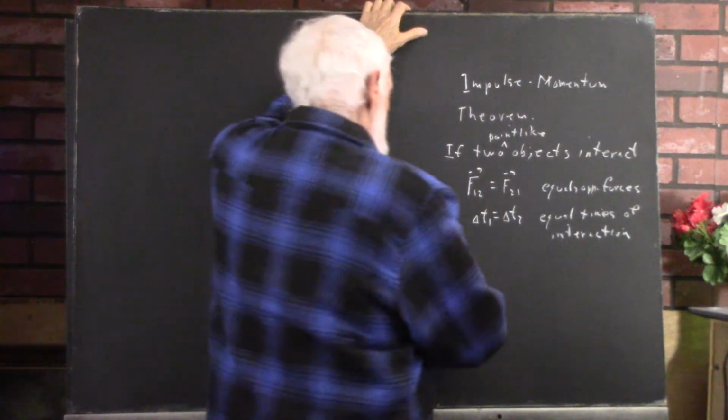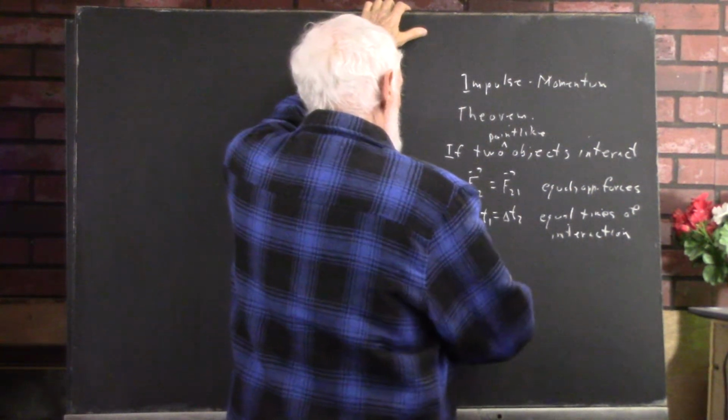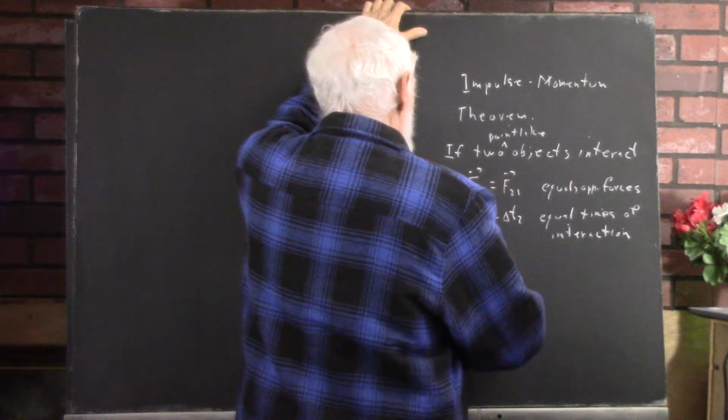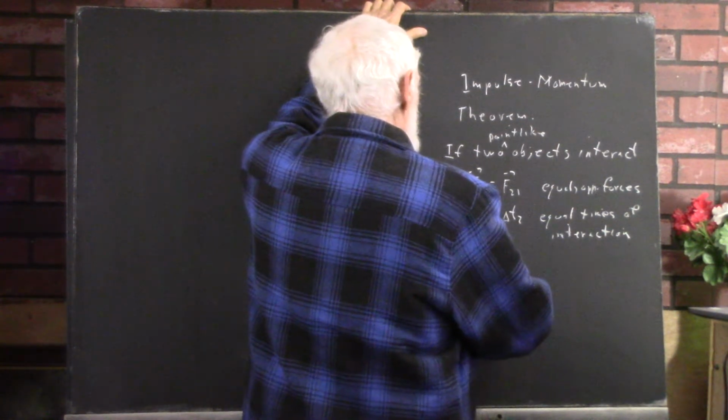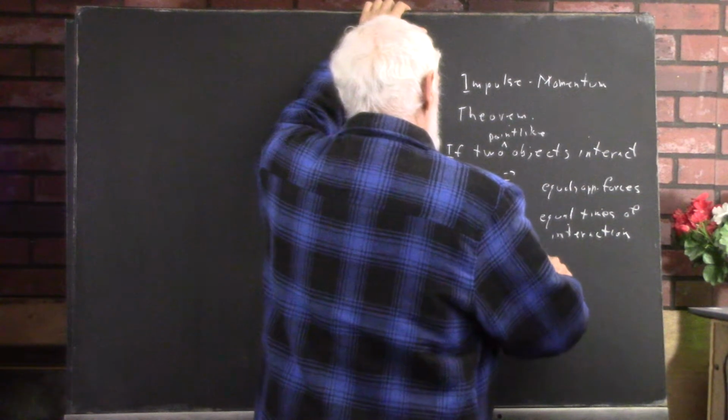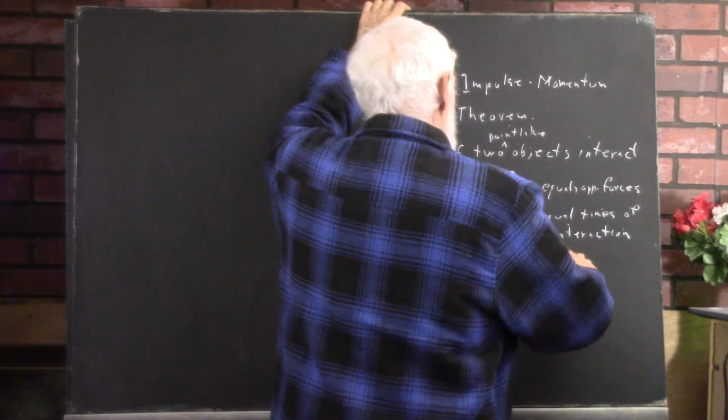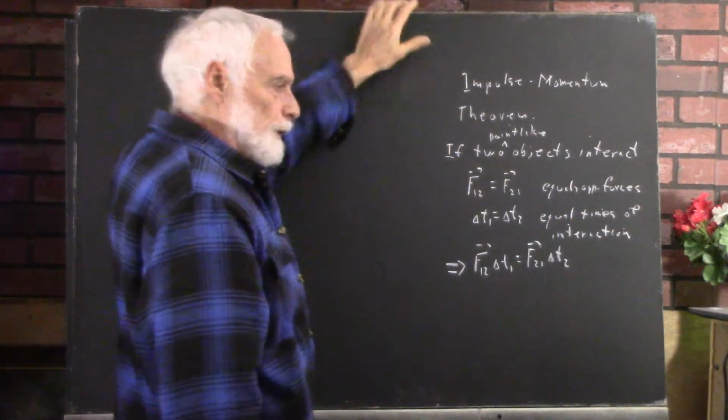And from this, we see that F12 delta T1 equals F21 delta T2.